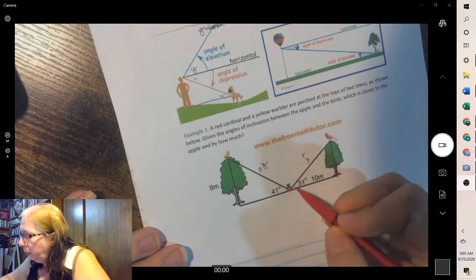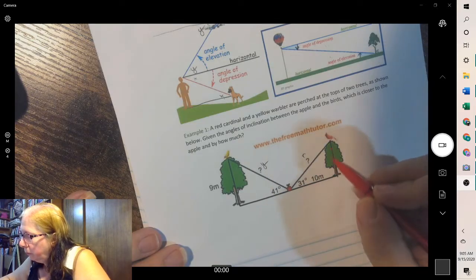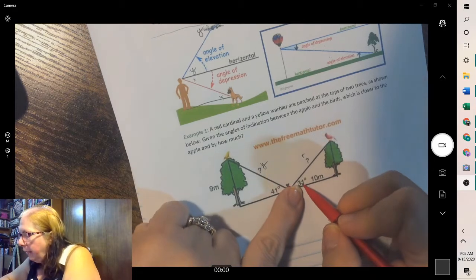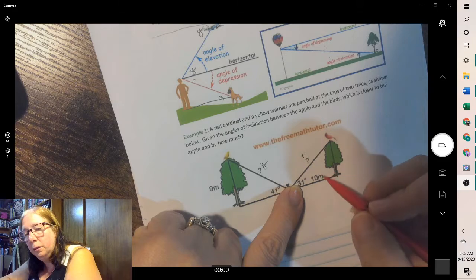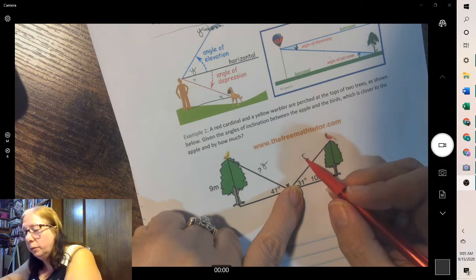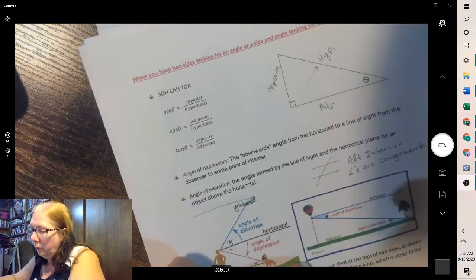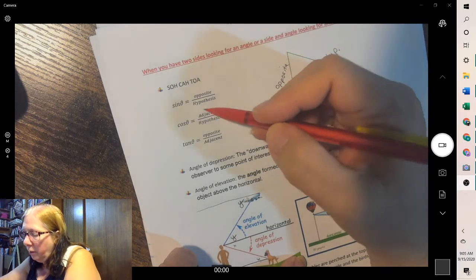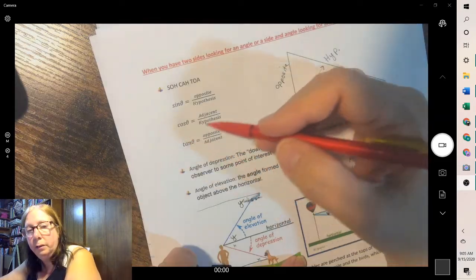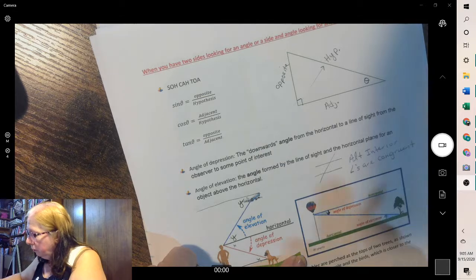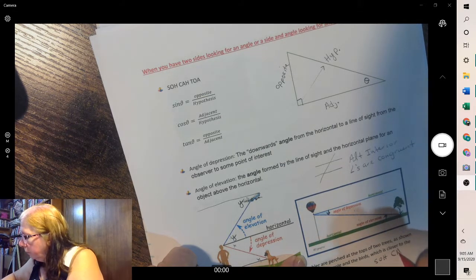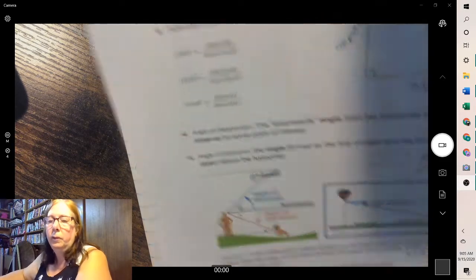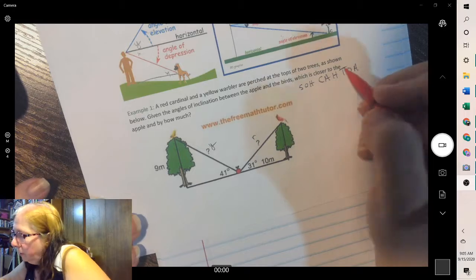So if we just look at this triangle here, we're using this angle, and we have adjacent and hypotenuse. Adjacent and hypotenuse means we're using cosine. So you want to think about the Sohcahtoa.